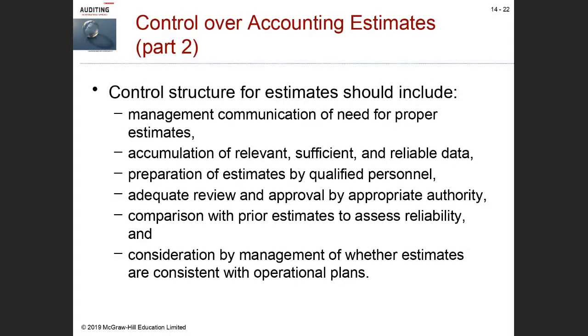So we can look for internal consistency in terms of these accruals we're making being consistent with our actual operations. Again, if sales go up 20%, we would expect our warranty liability to go up 20%. Did it? If it did, it probably looks reasonable.